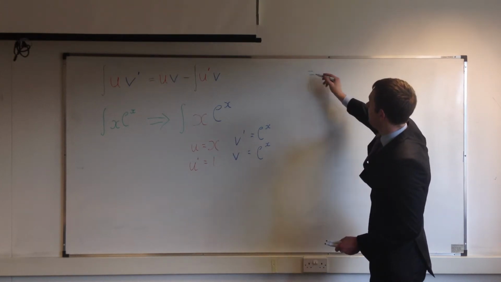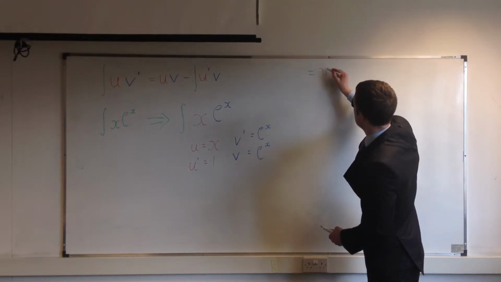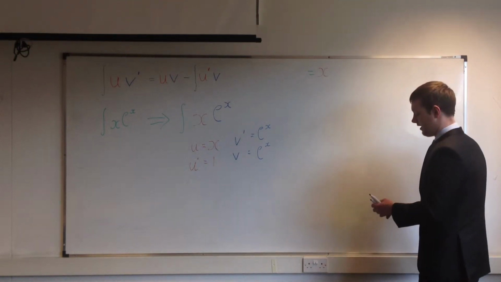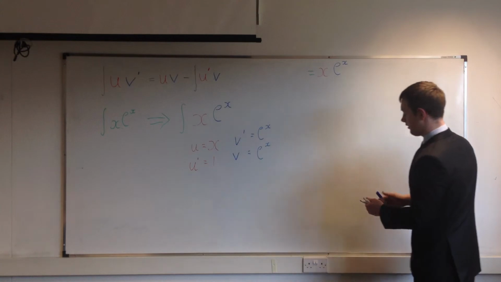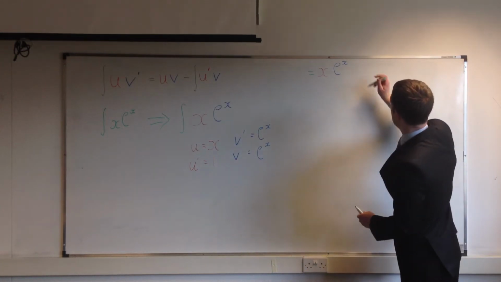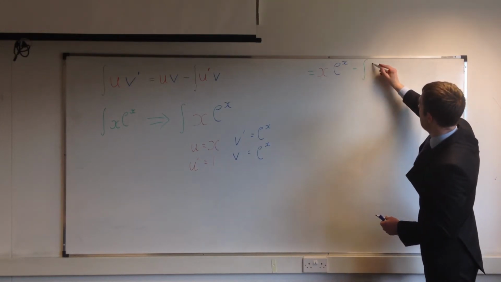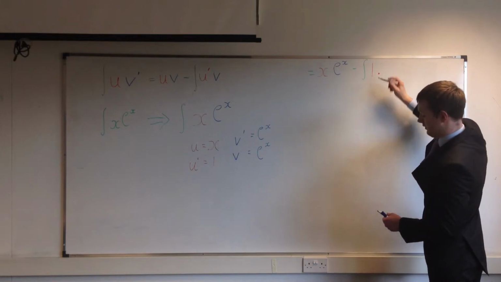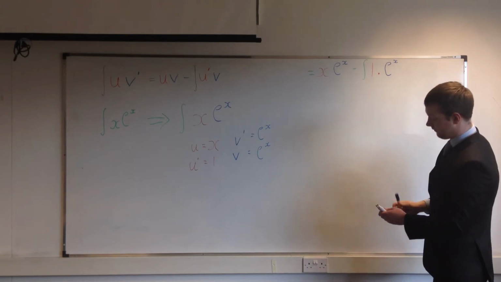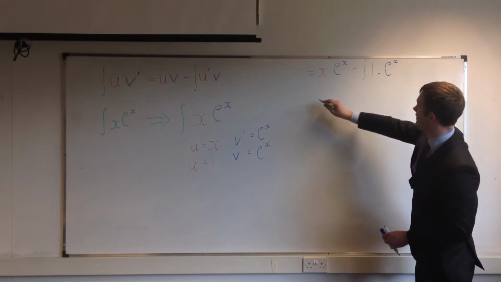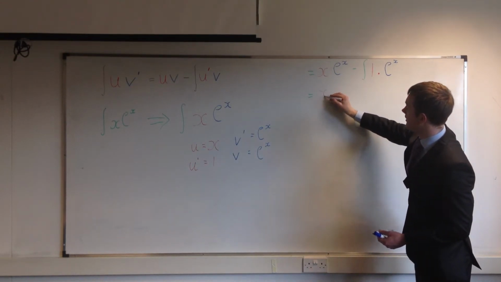So this is equal to u, which is x, times by e to the power x, minus the integral of 1 times by e to the power x. Now, obviously, 1 times e to the power x is simply e to the power x.